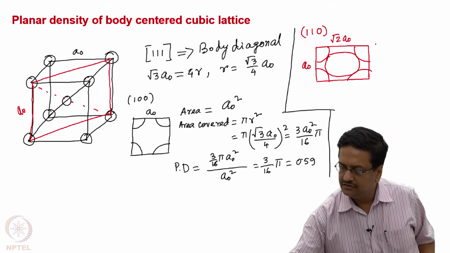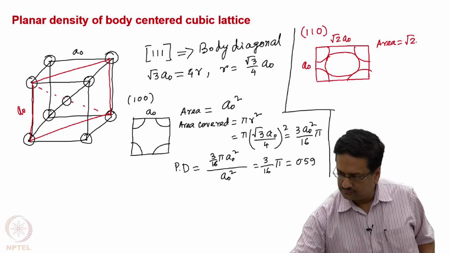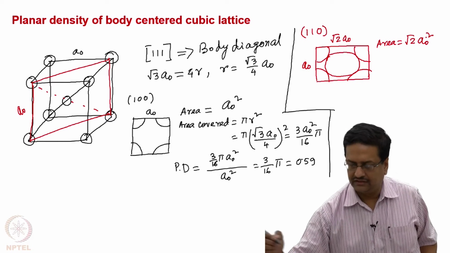So the area that it encompasses is root 2 A0 square.